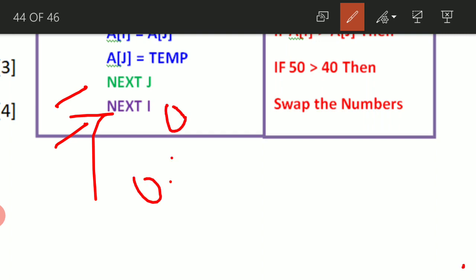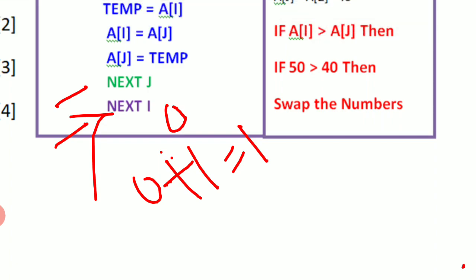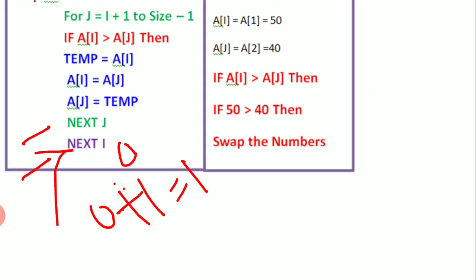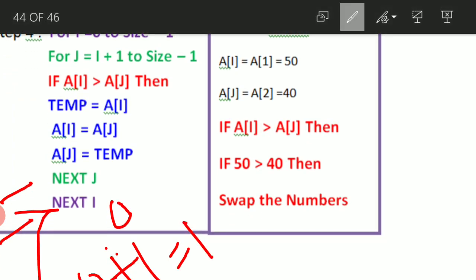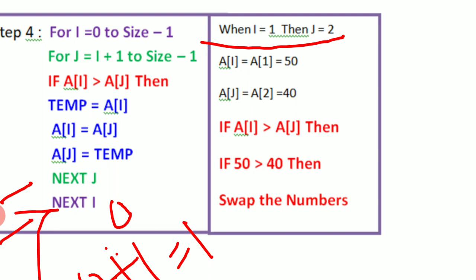Now 0 plus 1 is going to be how much? 1. Now what happens here? What is I value? You can concentrate. I value is going to be 1. If I value is going to be 1, then J equal to I plus 1.